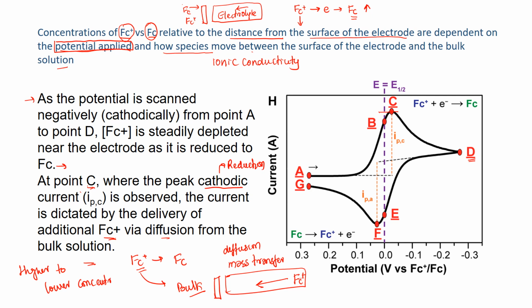These are the reasons for the movement of Fc plus ions towards the electrode.